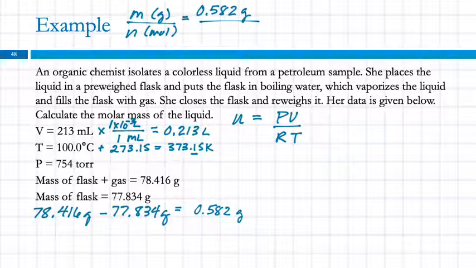And then we've got torr. Remember, torr and millimeters of mercury, same thing. I need to convert to atmospheres. 1 atmosphere is 760 torr. So that's 0.9921 atmospheres.